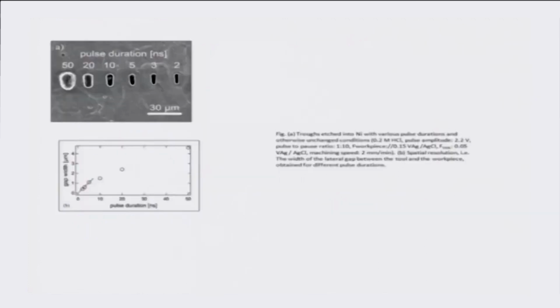Just to recap a little bit, we showed this particular illustration where, with various pulse durations in the nanosecond regime, varying between 50 nanoseconds and 2 nanoseconds, we could see how the resolution changed and how the interpenetration distance also changed proportionately.